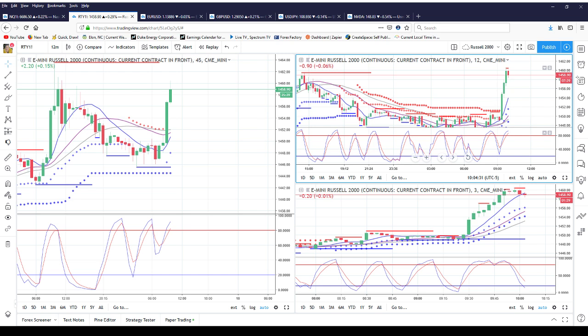Now, anytime I trade the 20 minutes, I do use a limit order, and in this case, I have a $15 profit target. Because you're going short, you need to set your profit target lower.